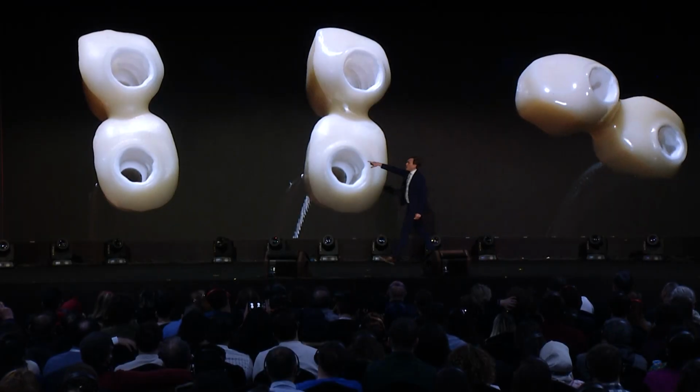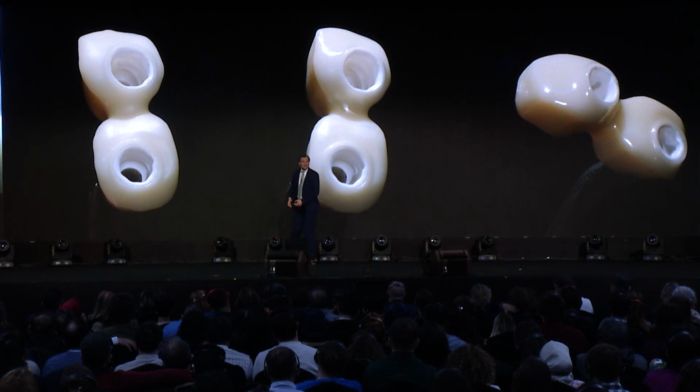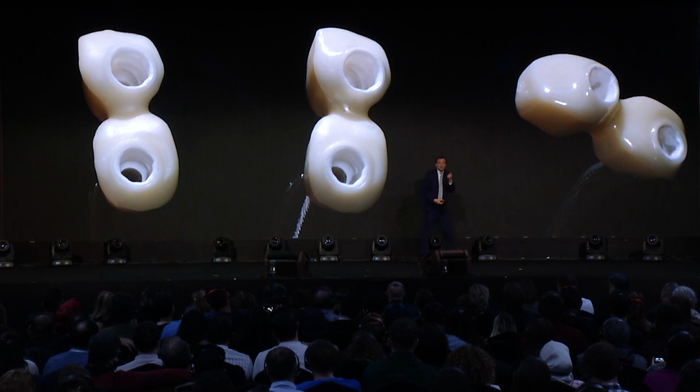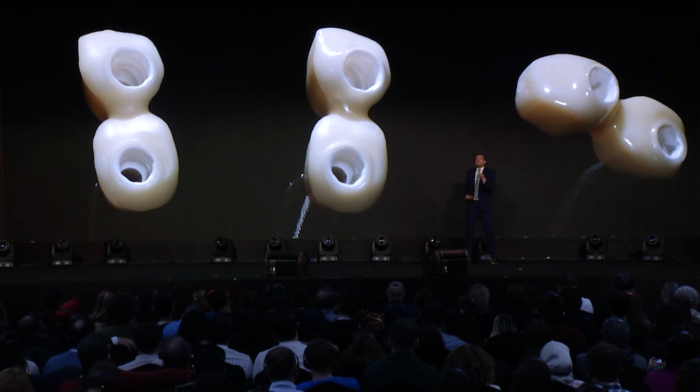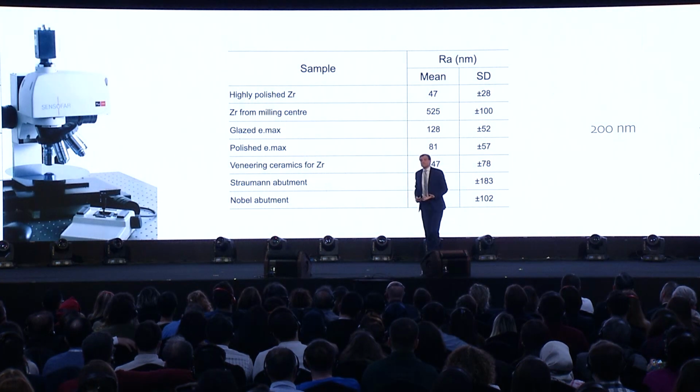So zirconia, how it comes from the milling center. Now this is medium result, and this is the final result. It looks like glazed surface, right? It shines, but it's not glaze. It's super polished zirconia.